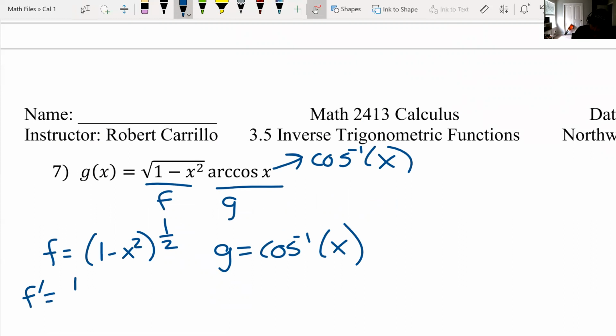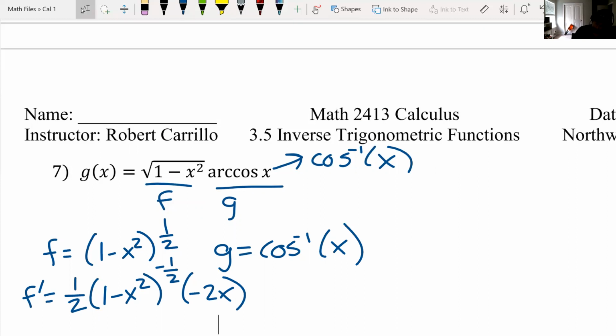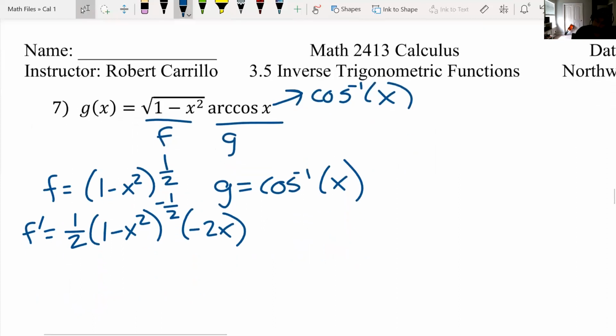F prime is 1/2 times 1 minus x squared to the negative 1/2 times negative 2x. Chain rule, chain rule, chain rule all day. Okay, this number times that number.